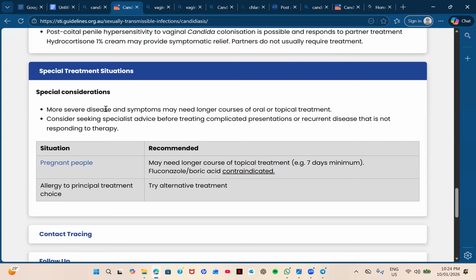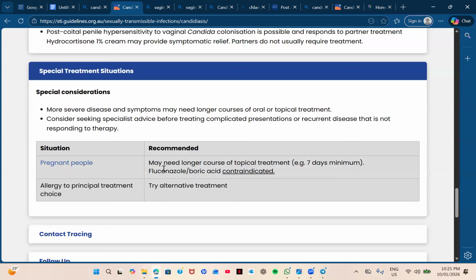Then, what are the special considerations? In pregnant people, they may need a longer course of topical treatment, 7 days minimum, because fluconazole and boric acid are contraindicated. Remember these things. We can't give oral antifungals to pregnant patients.